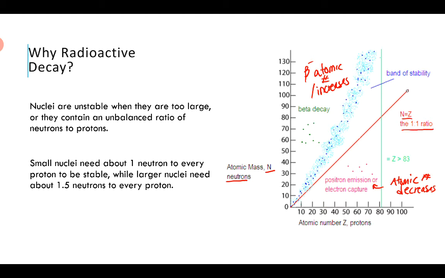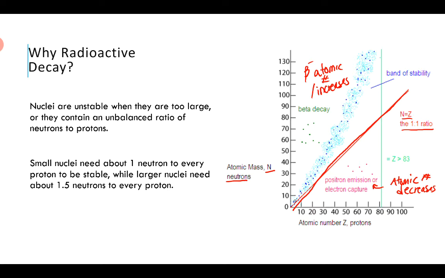This red line represents the number of neutrons equal to the number of protons. And you can see that the actual stable nuclei are a little bit more than that.